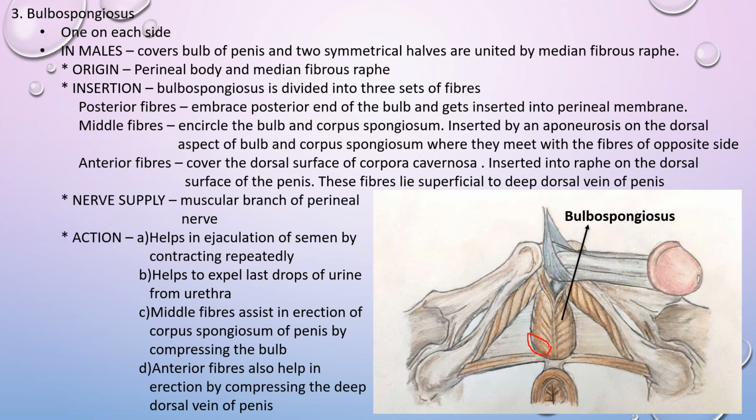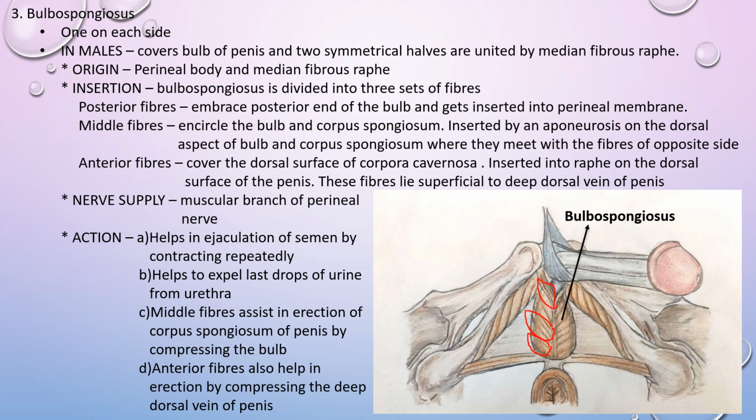If we take up the middle fibers, they encircle the bulb and corpus spongiosum. Inserted by an aponeurosis on the dorsal aspect of the bulb and corpus spongiosum, where they meet with fibers of the opposite side. The anteriormost fibers.